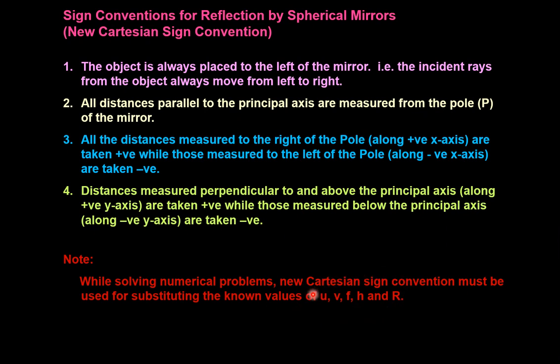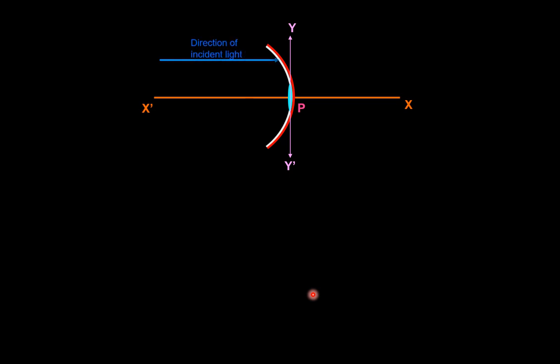So how can we summarize this graphically or diagrammatically? We have taken a concave mirror. This X' X is the x-axis I have taken, and Y' Y the y-axis. The direction of the incident light ray will always be from left to right. Whenever we measure any distance to the right of the pole, it is taken as positive.